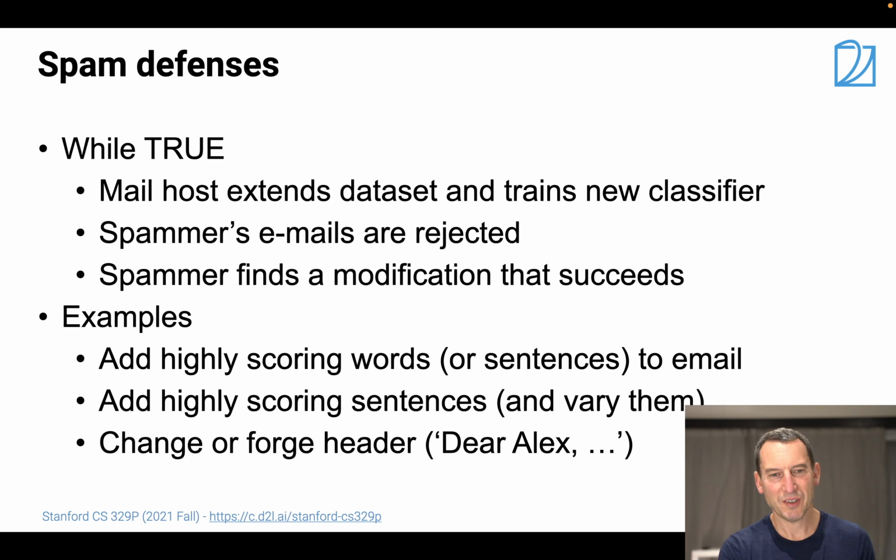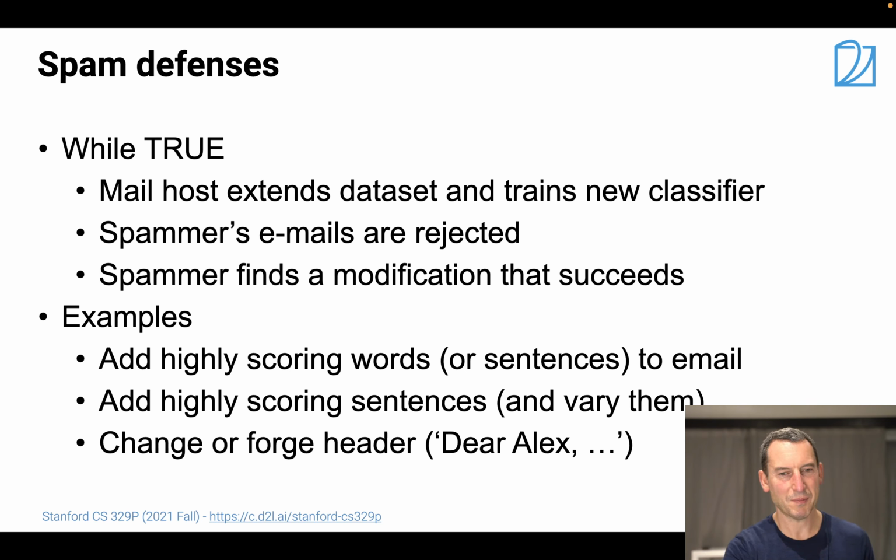If you checked your email today, you would have probably seen some spam email. You have this constant arms race between the mail host that extends the data set and trains a new classifier in such a way as to retain the invariance, but also to distinguish between the unnatural perturbations and the natural ones.